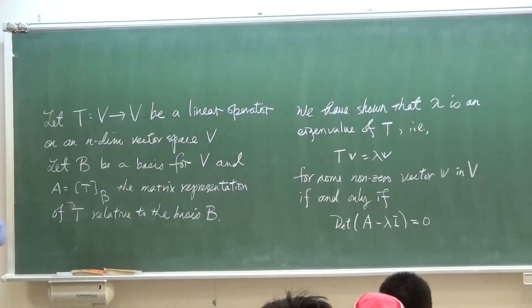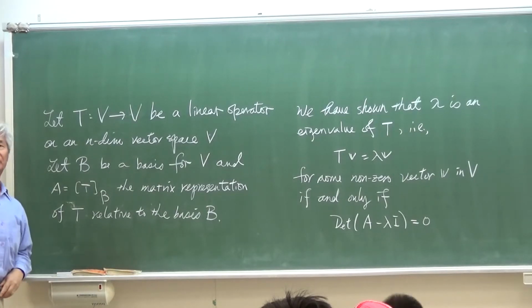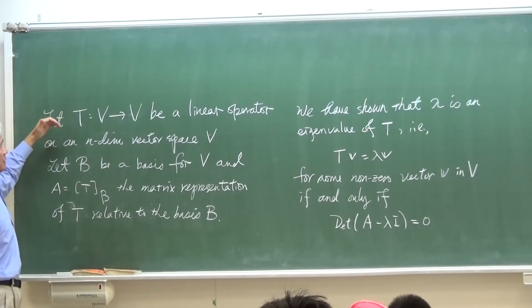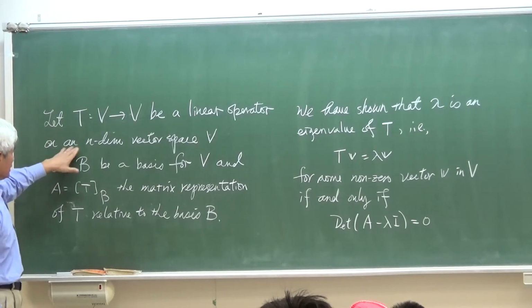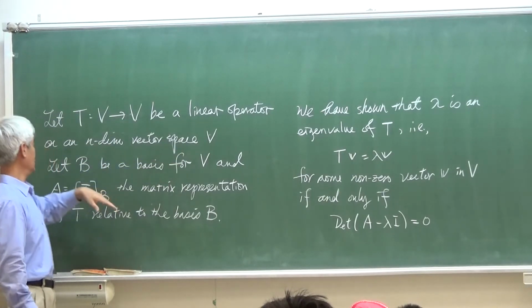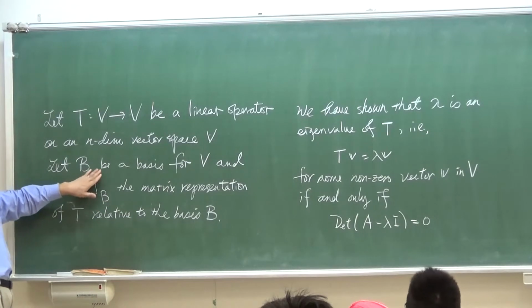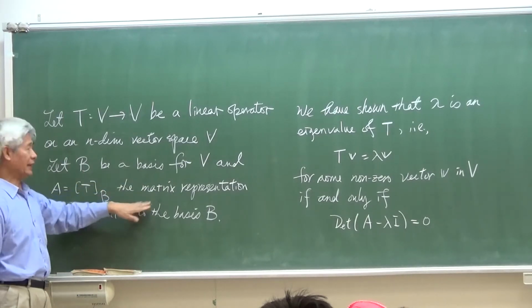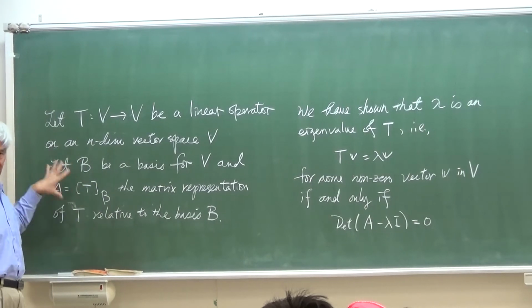Okay, so last week we established a way to find the possible eigenvalues of a linear operator. P is a linear operator on an n-dimensional space V, with a basis for V, and A is the matrix representation of P relative to the basis.